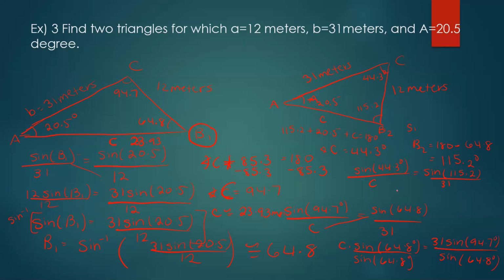So when you cross multiply, I'm running out of space, so let me put it here. That would be c times sine of 115.2 equals 31 sine of 44.3.